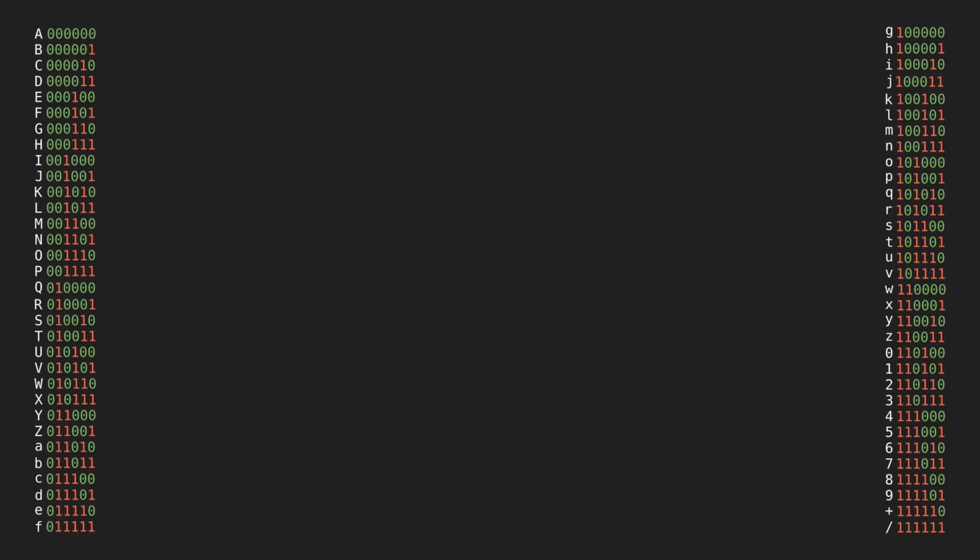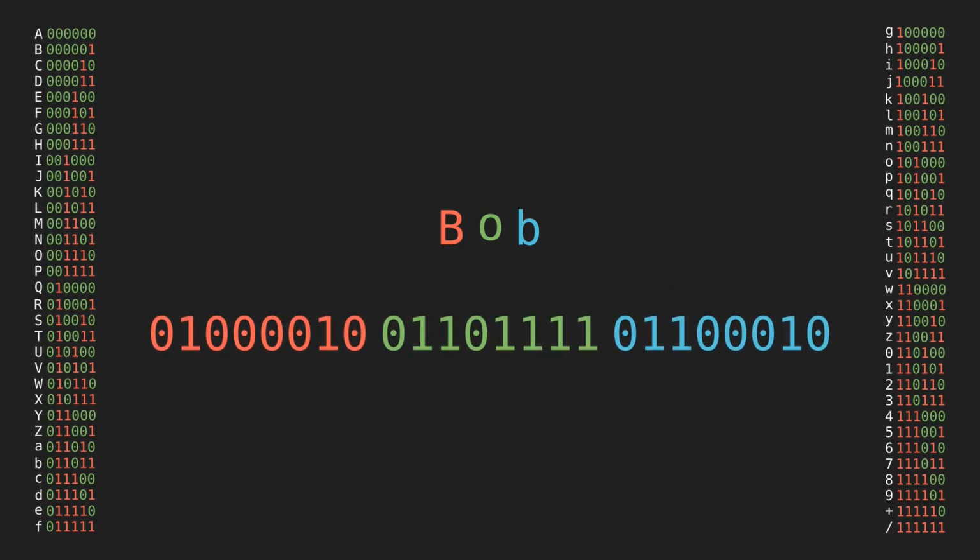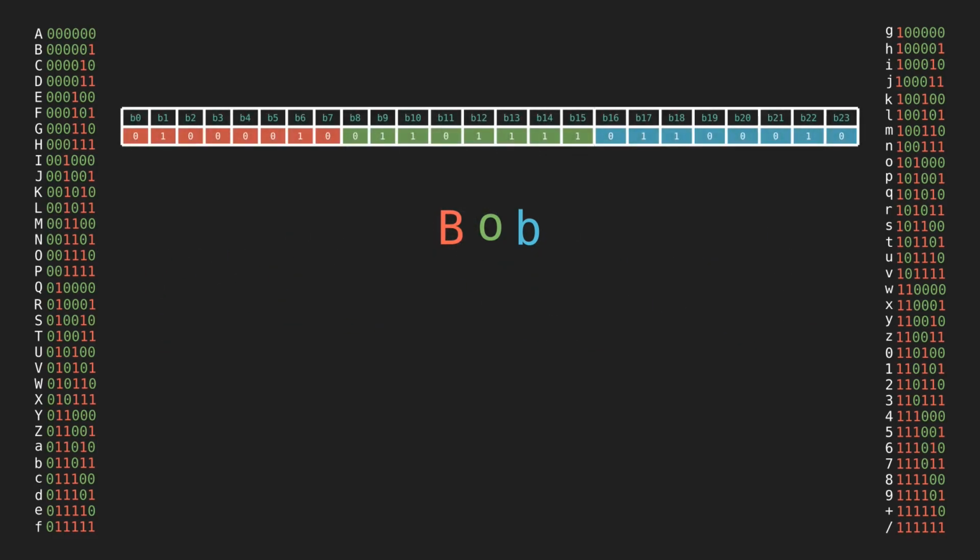Now, let's focus again on Bob and explain how Bob becomes QM9I. First, we convert each letter into its decimal representation, then into its binary representation. In the end, we get 3 times 8 bits, and we put those 24 bits into a table.